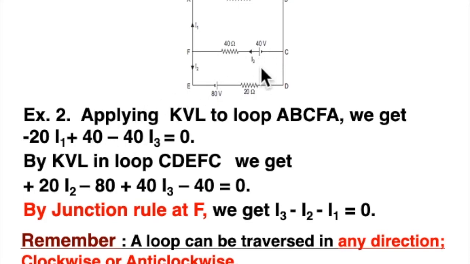So, plus 40. Here we are going along the current, so minus 40 I3. In this branch the current is taken as I3 equal to 0.